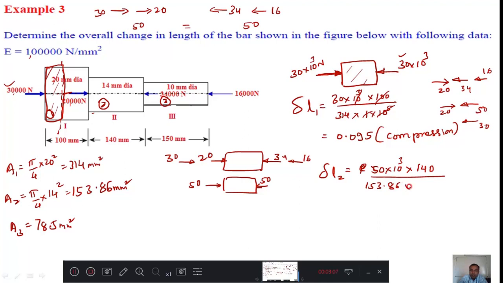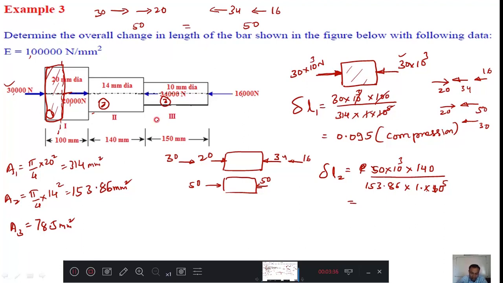153.86 into E, 1 into 10 raised to 5. Okay, then the answer is 50 into 10 raised to 3 into 140 divided by 153.86 into 10 raised to 5.